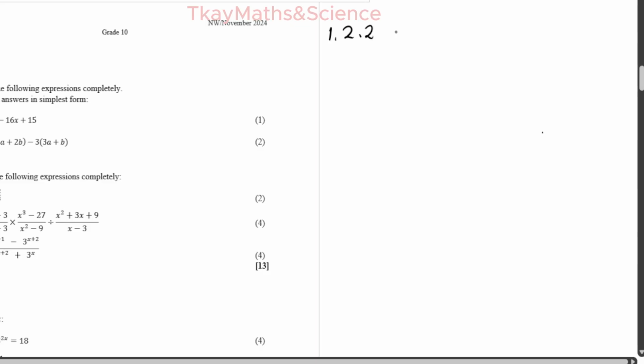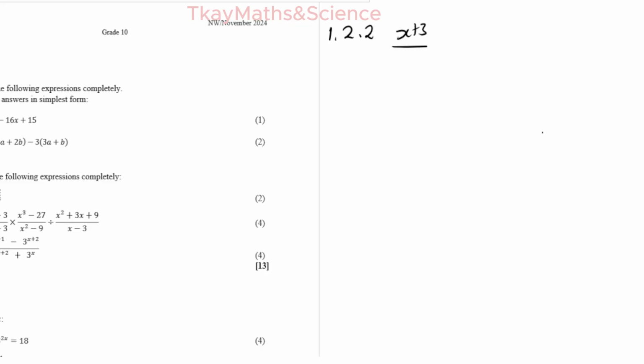1.2.2. So we have x plus 3 over x minus 3 times x cubed minus 27 all over x squared minus 9 divided by x squared plus 3x plus 9 all over x minus 3.